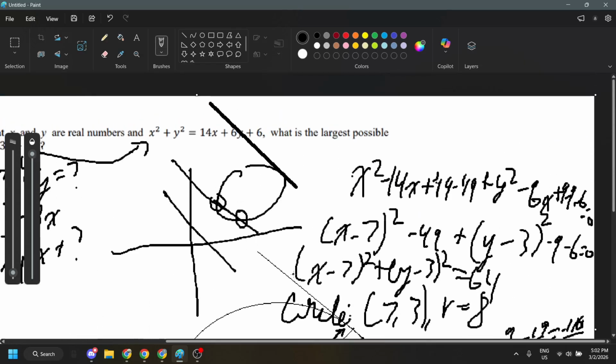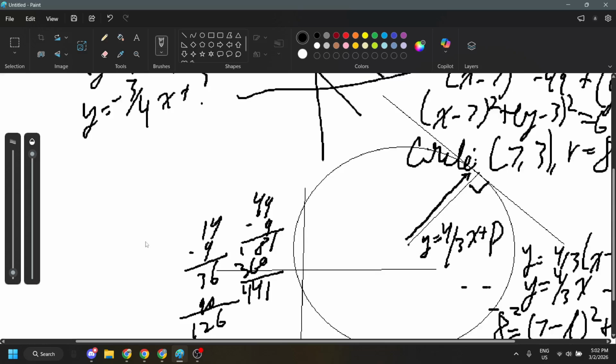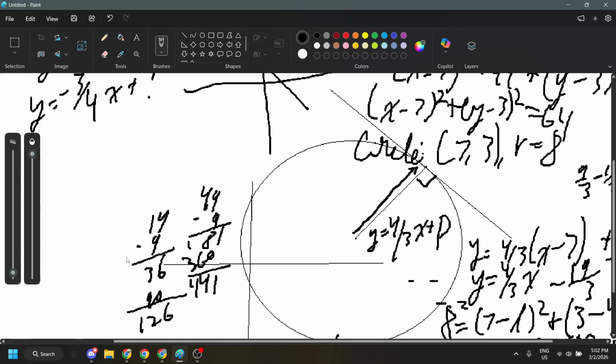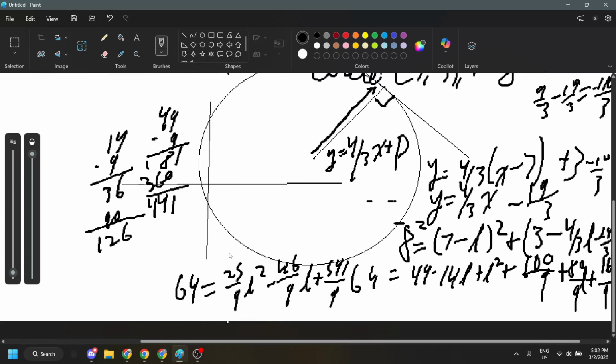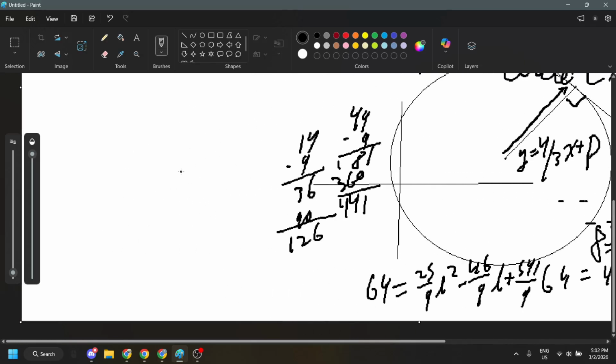Then we just need to find L. What are we trying to find? Okay, yeah. So then just solve. We can multiply by 9 on everything to get 64 times 9, which is 576.